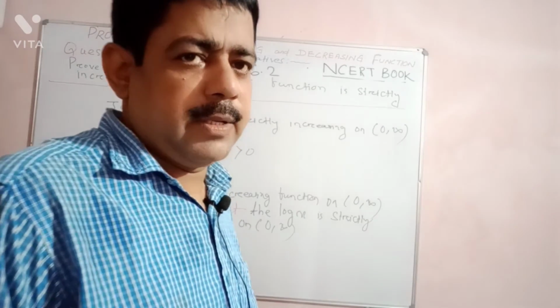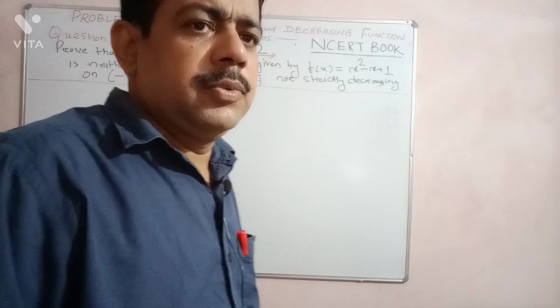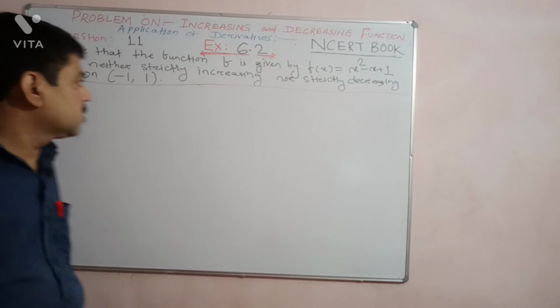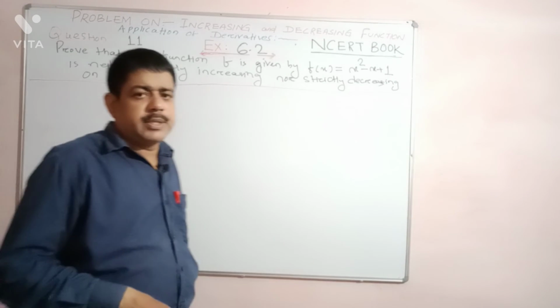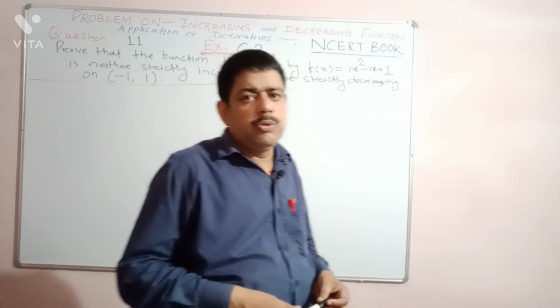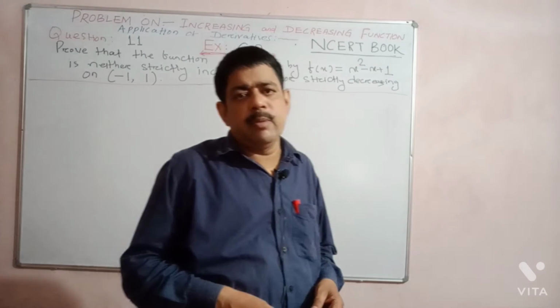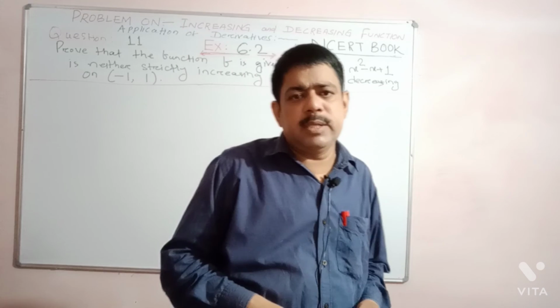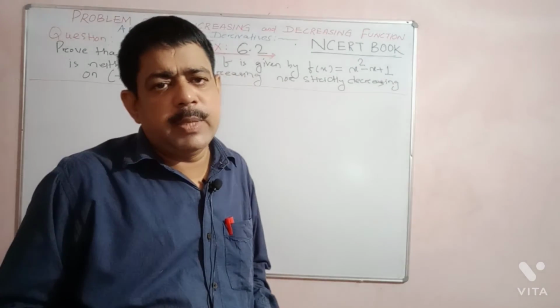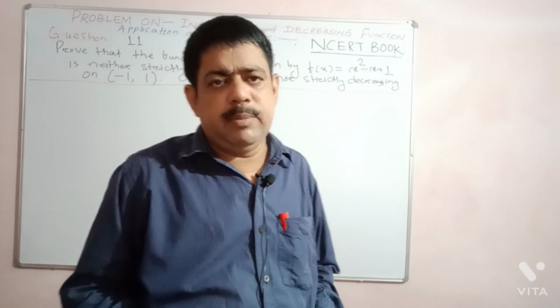Okay, understand? Thank you. So dear students, in this class I am going to discuss question number 11 of exercise 6.2 of your NCERT book, class 12 mathematics. We are discussing problems based on increasing and decreasing functions, based on the concept of application of derivatives.